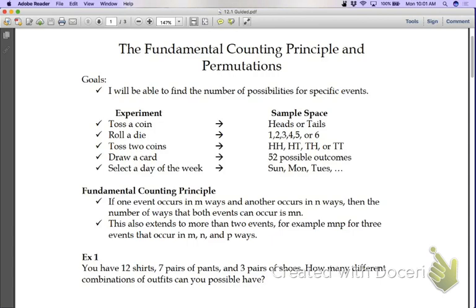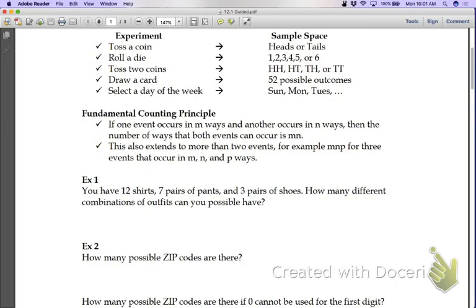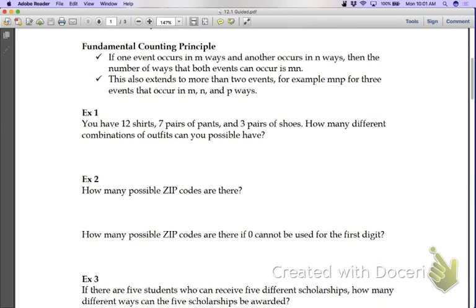Now, if we give you jokers, which normally I will not do, it'll tell you that. But for the most part, there will never be any jokers in your standard deck or whenever I give you a scenario or an event. And then selecting a day of the week, 7 days a week. Hopefully you learned that in kindergarten or pre-K. If not, today is Monday, so that kills one of the 7 days, so you know that.